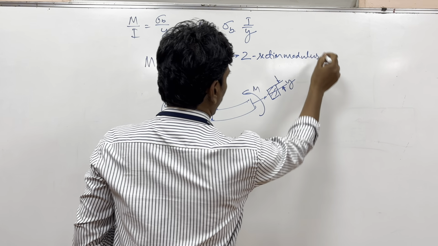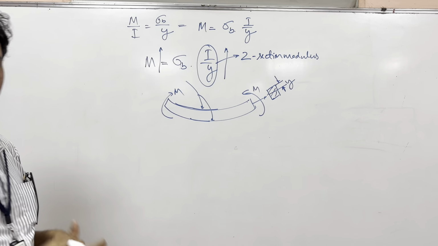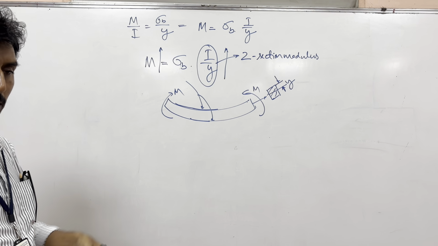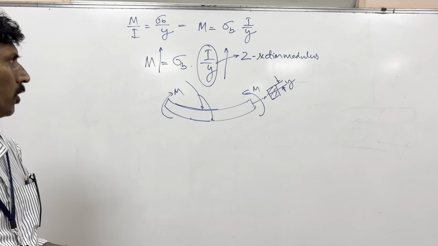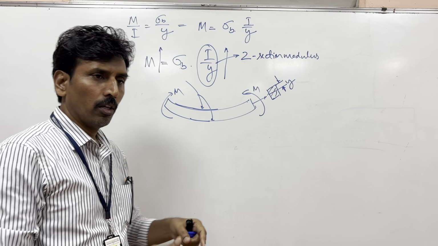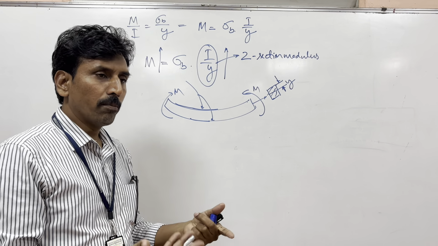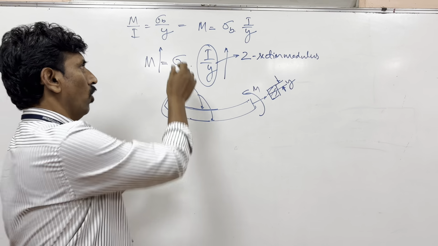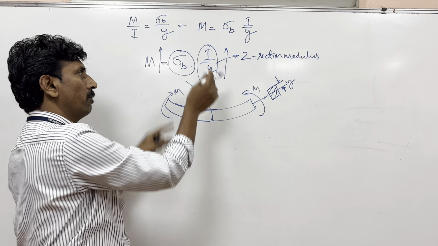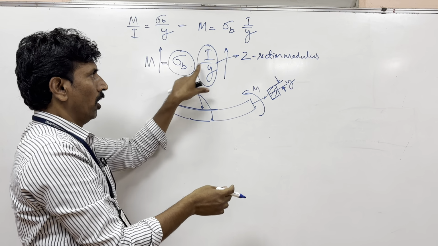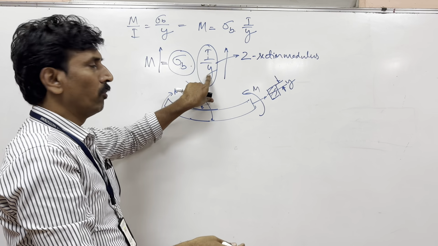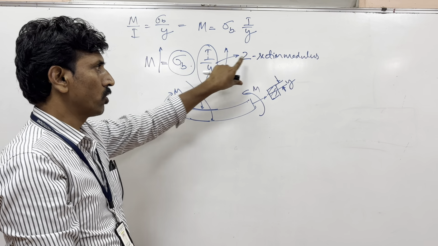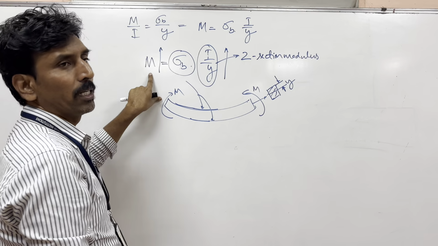So if you are choosing between two beams, maybe for your house or maybe for a bridge, beams are supposed to take bending moment without failure. So for the same material, they have to have the maximum value of I by Y, that is I divided by Y, which is called the section modulus, if they have to take more bending moment.